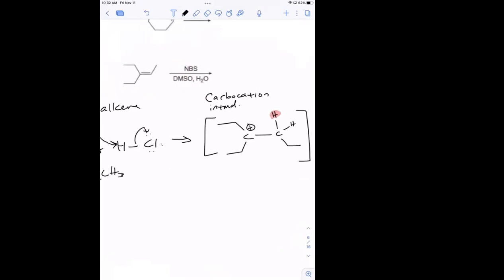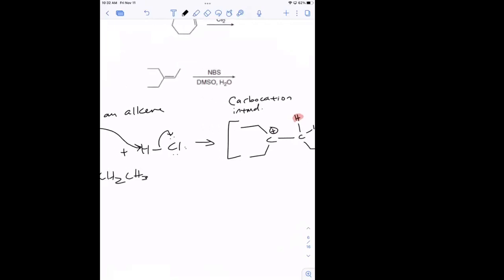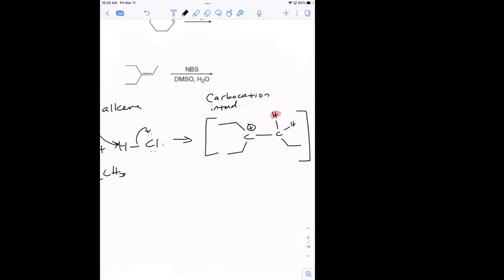Right? Let me ask this question, because we should be able to answer this. Why do you think the plus charge goes where it goes when you compare those two carbons? Okay, the plus charge could have gone to either side though.